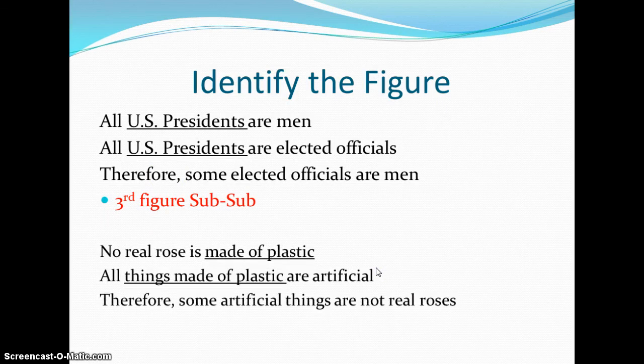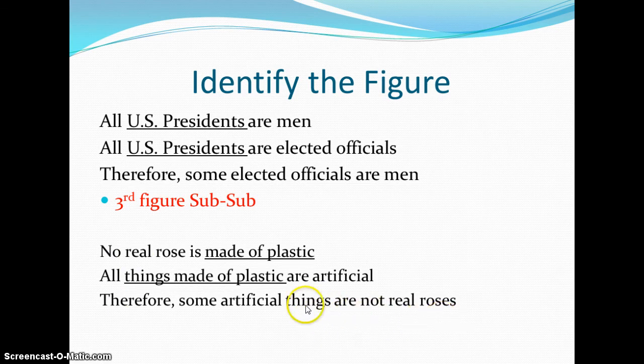And lastly, no real rose is made of plastic. All things made of plastic are artificial. Therefore, some artificial things are not real roses. Again, I use some because this is undistributed since it's an A statement. This is my minor term, so it becomes the subject of the conclusion. Some artificial things are not real roses.